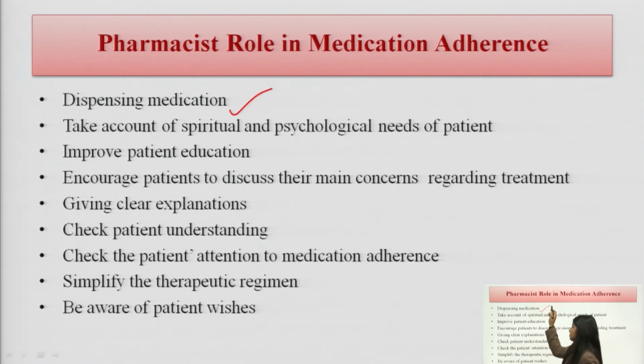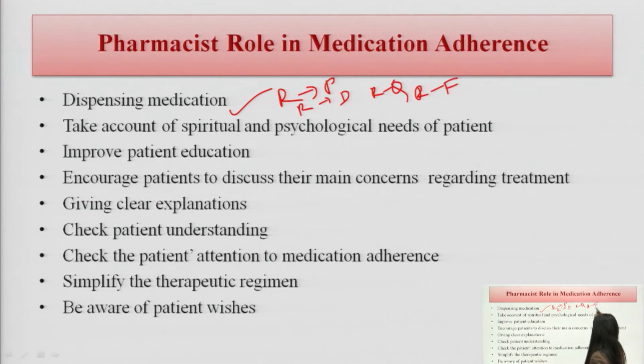So, dispensing medication, this is number 1. We have to dispense to the right patient, right dose, right quantity, right frequency, for the right disease, and the right formulation. These all points we consider at the time of dispensing medication.